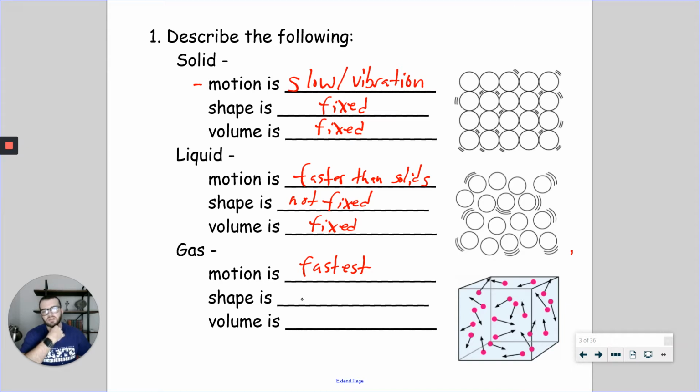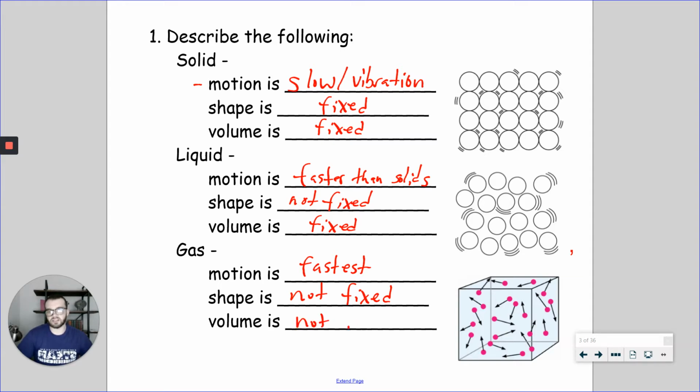They're going to fill up a balloon, or as soon as you let go of the balloon and make that annoying sound, they'll fill a room up. So they don't have a fixed shape. So it's not fixed. And then the volume is the same.